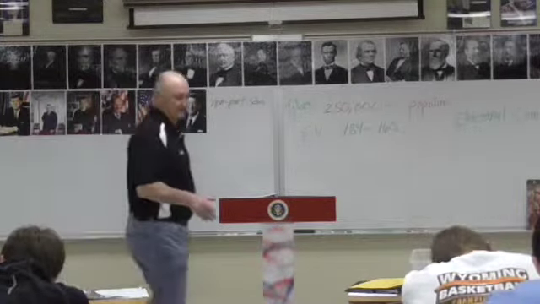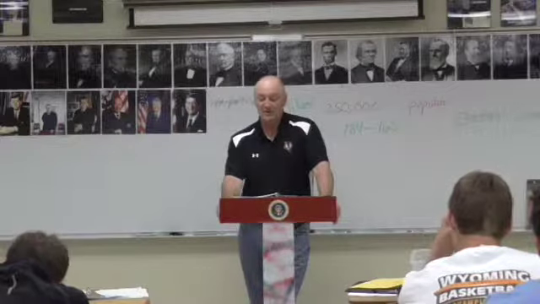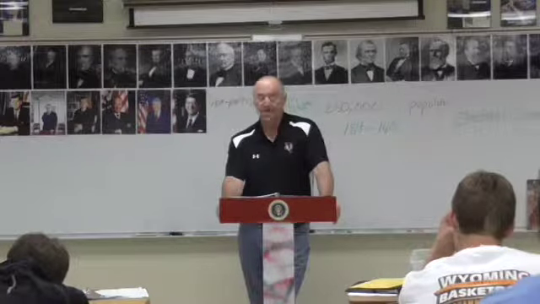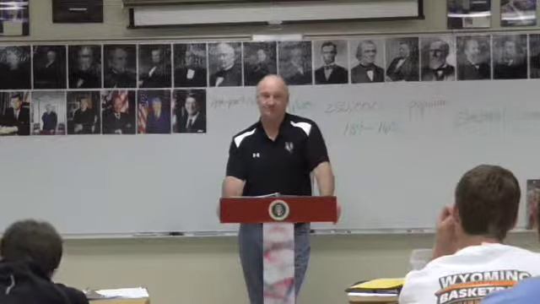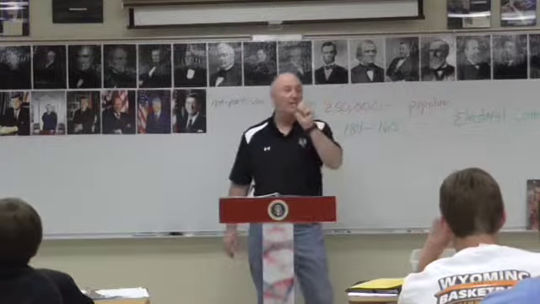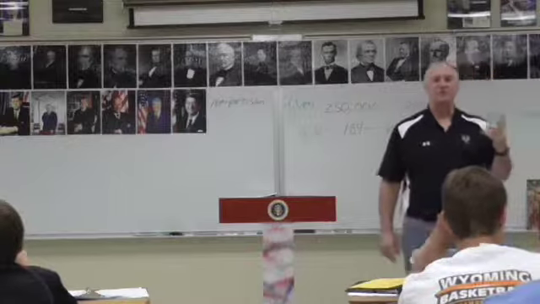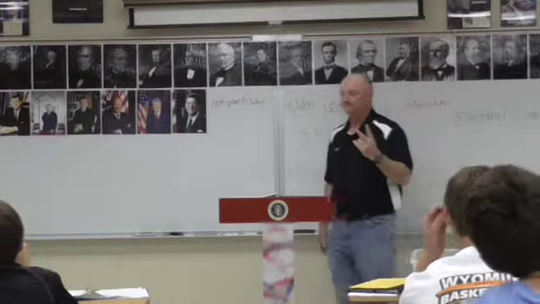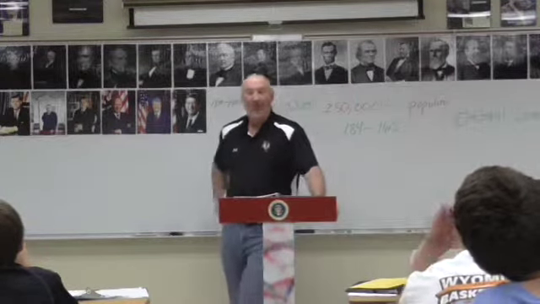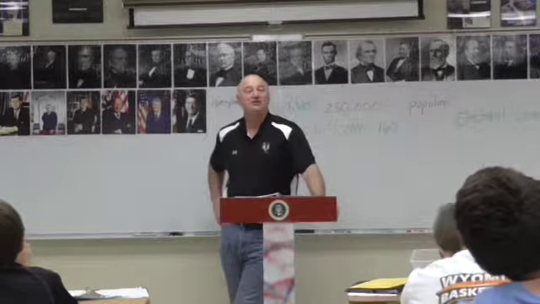Now think about how Hayes got the presidency. He wasn't overly popular even among his own party, so he had some trouble. As a matter of fact, Republicans actually split into two different groups after this election because they were upset about the way things happened.